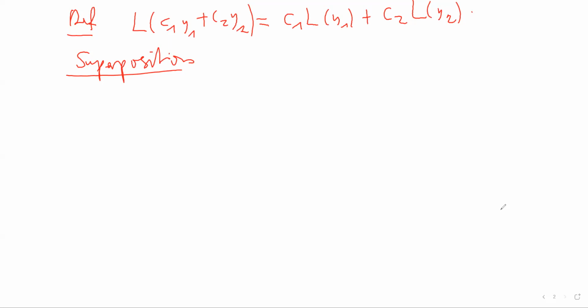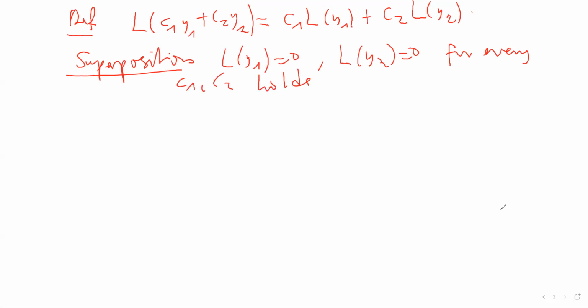So if you have Ly1 to be 0 and Ly2 also to be 0, for every c1, c2, it holds that L of c1 y1 plus c2 y2 is equal to 0. And the result is not true for non-homogeneous equations. Then we spoke about linear dependence.